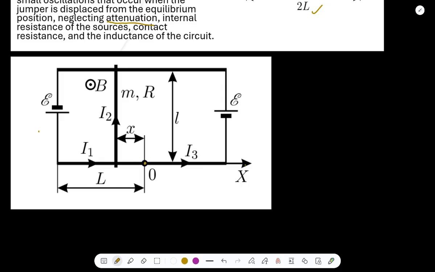And then let I1 denote the current flowing from the left battery to the origin, and I2 denote the current branching from the origin to the jumper, as you can see here.